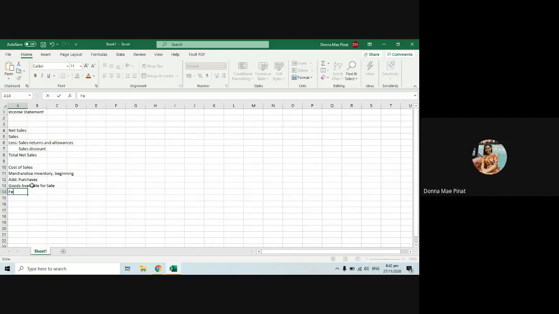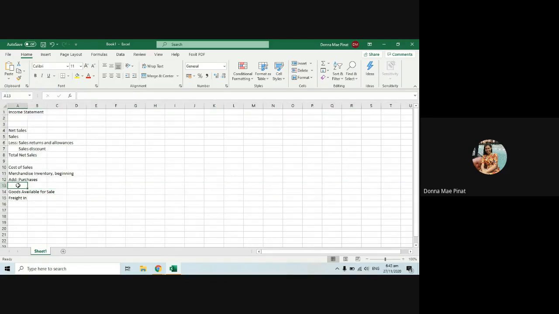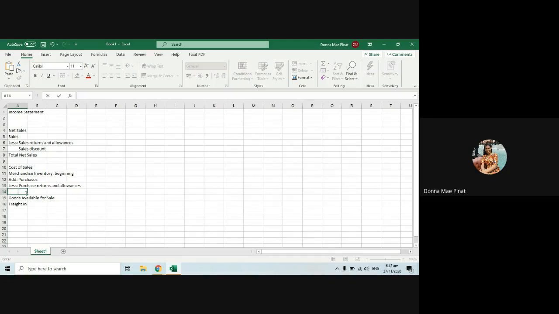Then you have here freight in. Then purchase returns and allowances, or purchase discount.